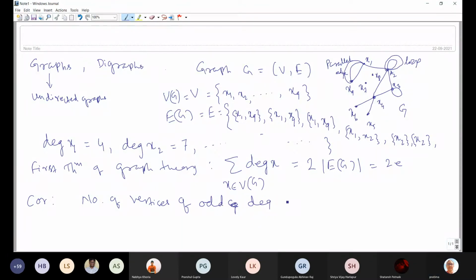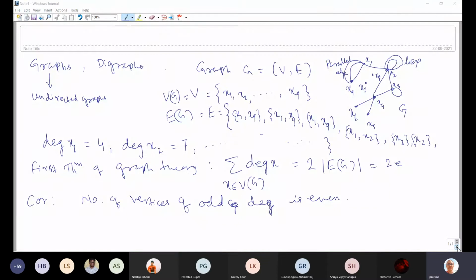That is, there will be an even number of vertices of odd degree. So up to this, I think we have done in the previous class.